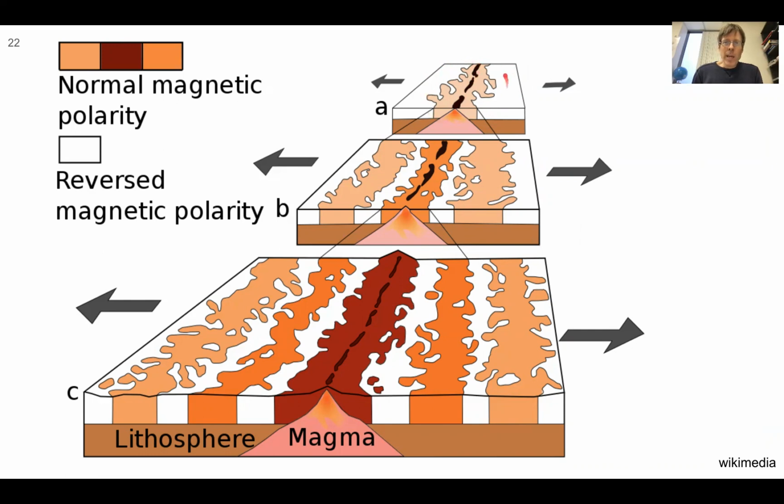So it starts in panel A with the seafloor spreading apart under normal magnetic polarities. As time goes on, we have these reversals to form the white patterns, new material forms here at the spreading ridge. And as this time passes, new material continues to be formed here, and the striping is measured in the form of magnetic measurements of material at the seafloor.